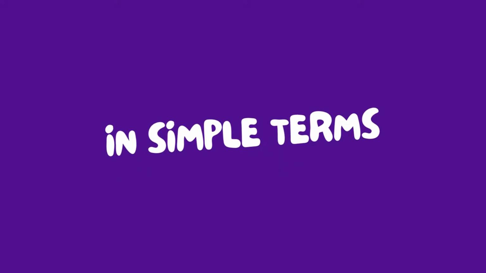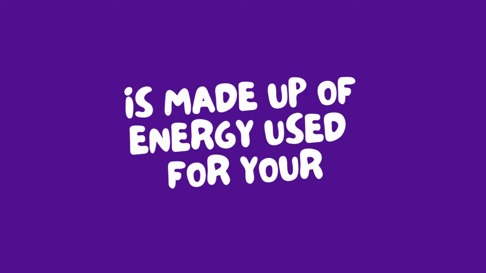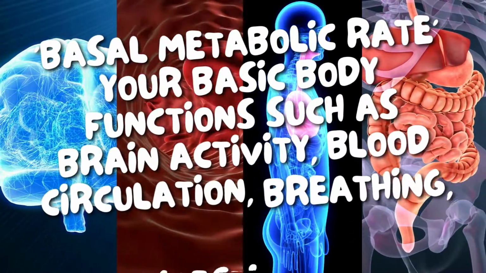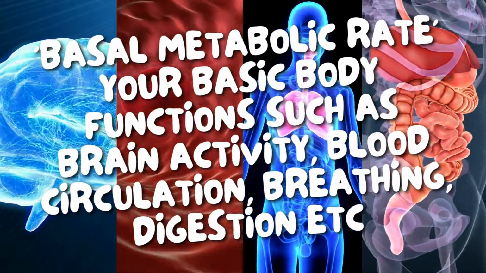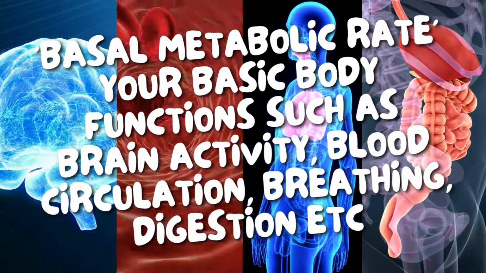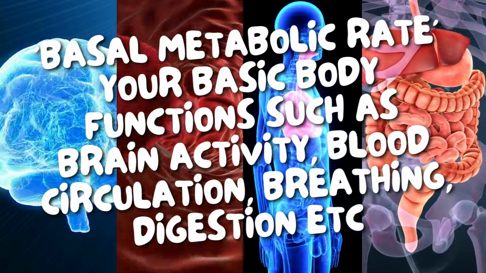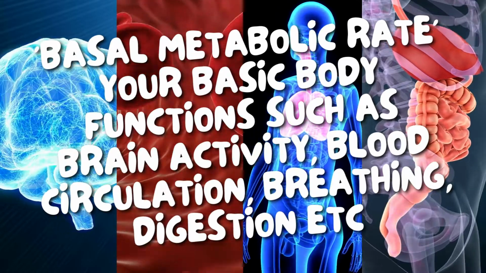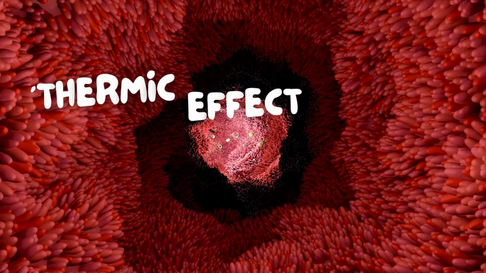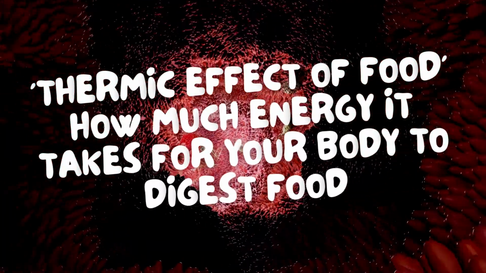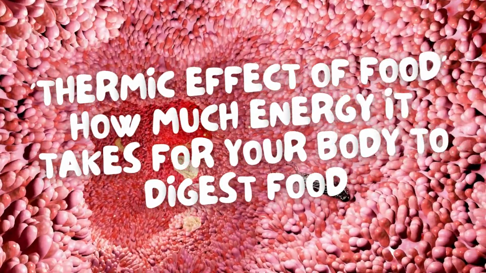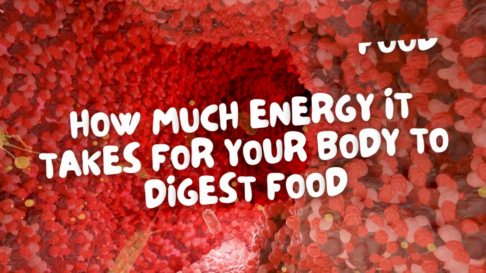In simple terms, your TDEE is made up of the energy used for your basal metabolic rate, which is just your basic body functions such as your brain activity, your digestion, breathing, your circulation. Then you also need energy for the thermic effect of food, which is how much energy it takes for your body to digest food.